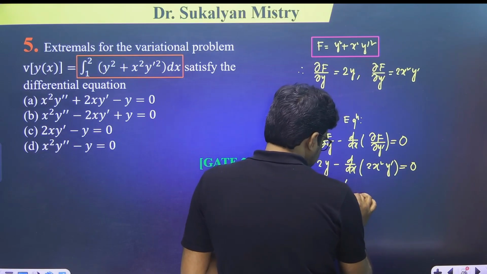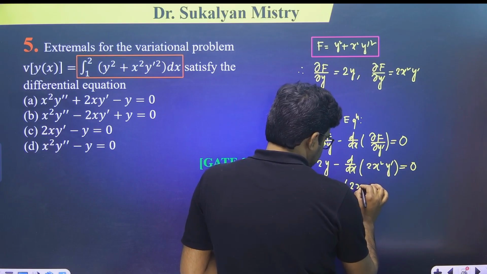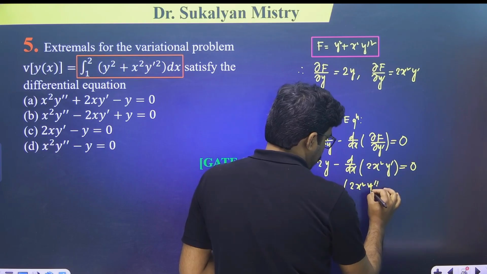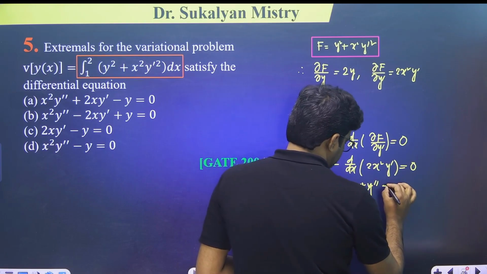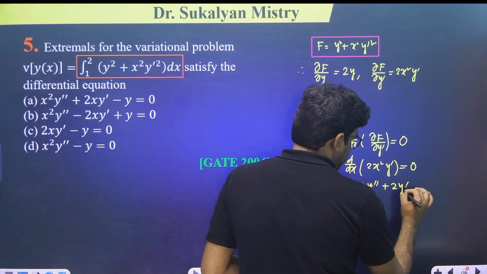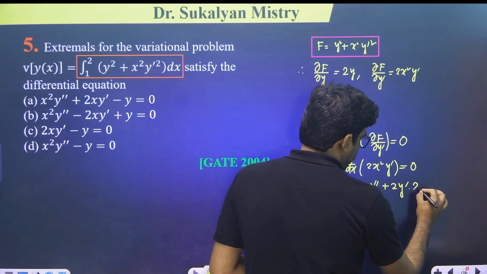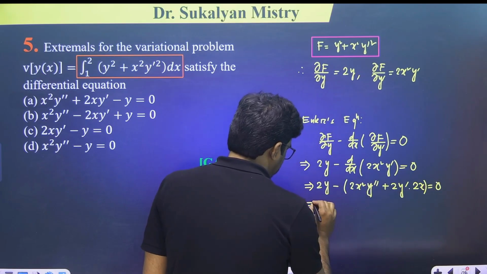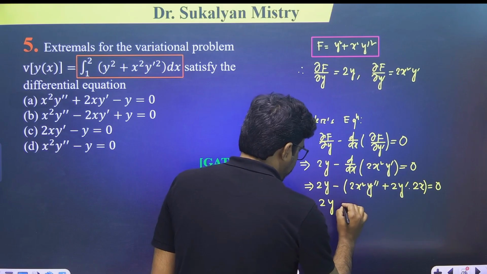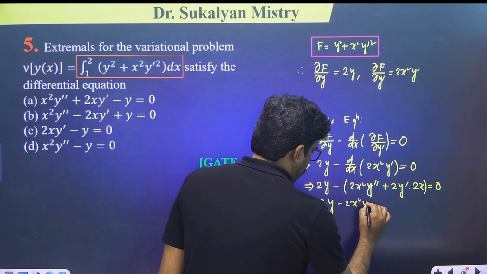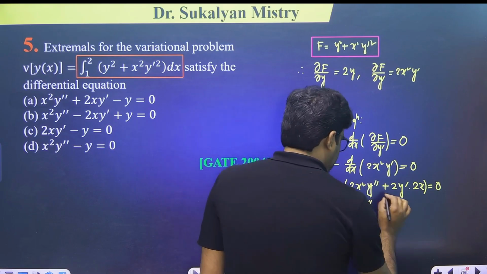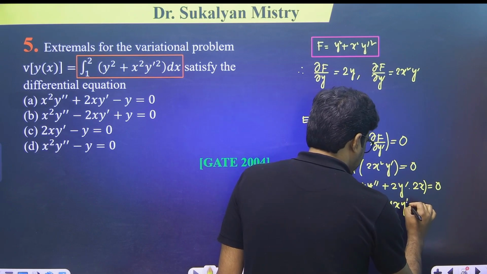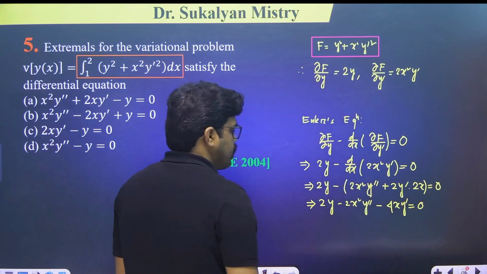So this implies 2y minus, so first x square fixed, so derivative of y dash, that is y double dash, plus 2y dash fixed, so derivative of x square, that is simply 2x. So ultimately what we get is 2y minus 2x square y double dash minus 4x y dash is equal to 0.